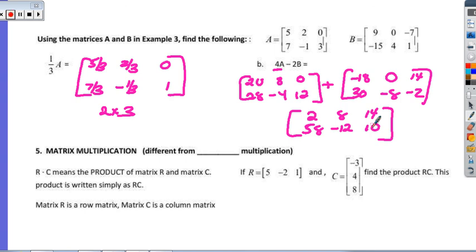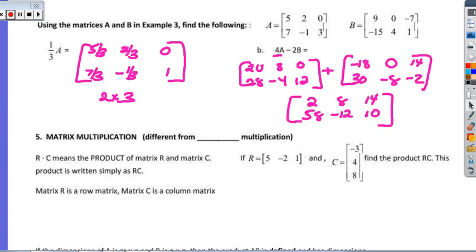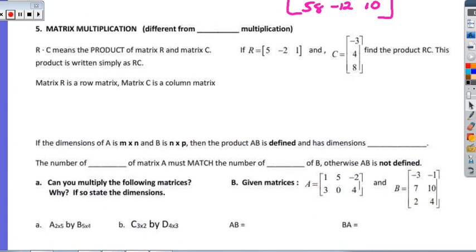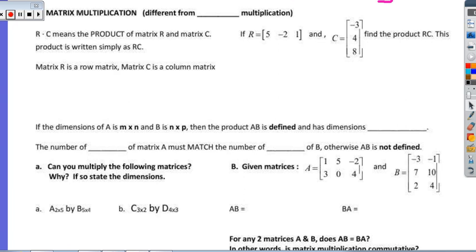Okay, so let's continue on here. A little bit out of order, which is fine. I just want to make sure we understand that matrix multiplication is different from scalar multiplication. And I'll get back up to this column and row situation that we have here. So let's say we have matrix A, and matrix A is an m by n.